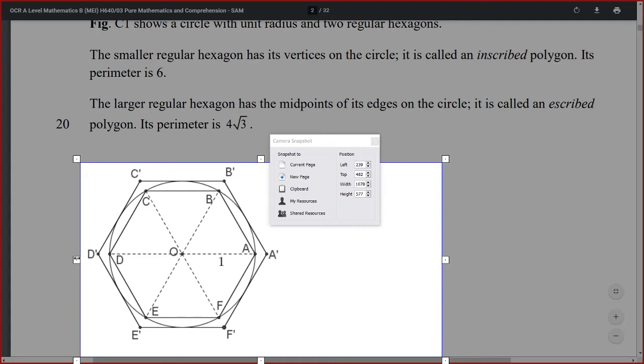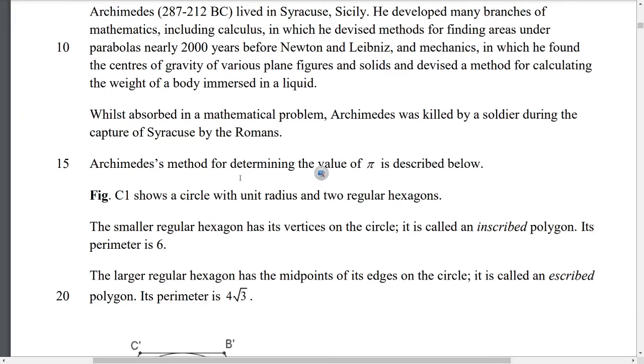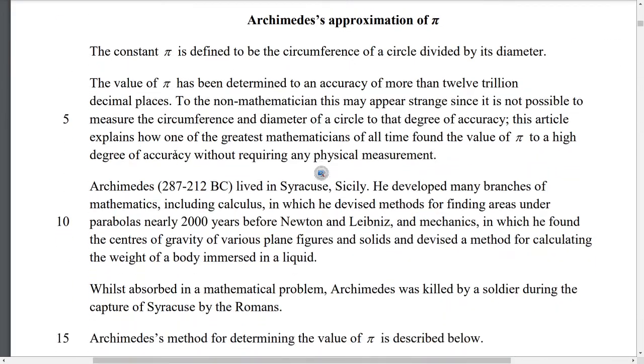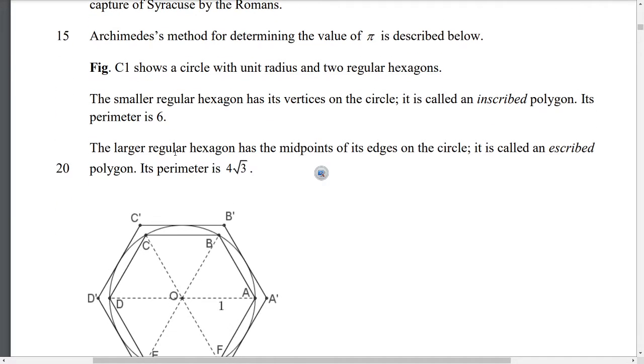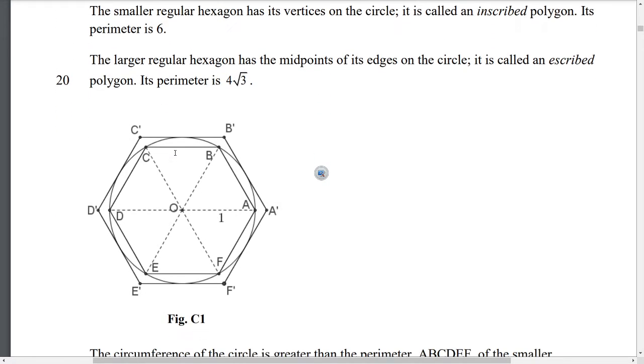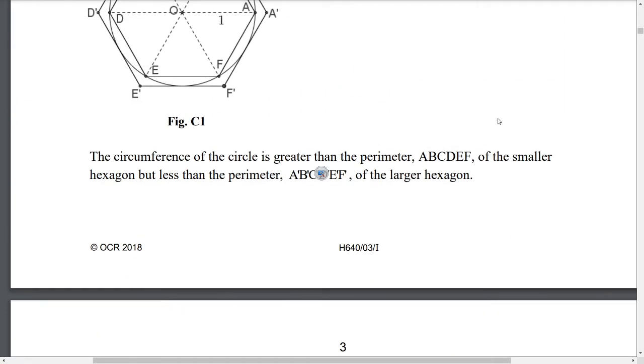Let's see. So pi, sure. So basically, the circumference.